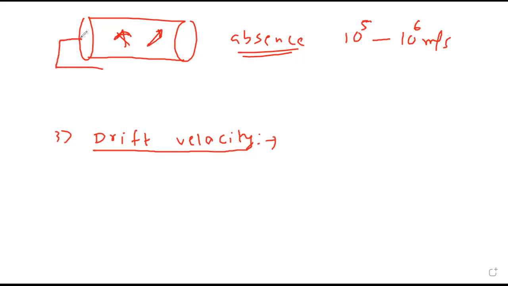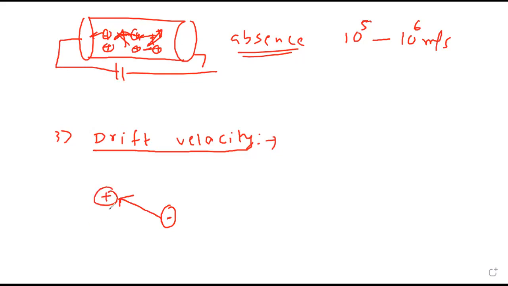But when you connect a battery, the same electrons try to align themselves in the direction of the field. If I consider one electron like this, it is moving towards the positive fixed ion.